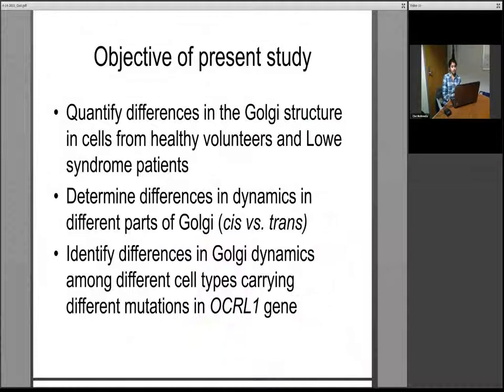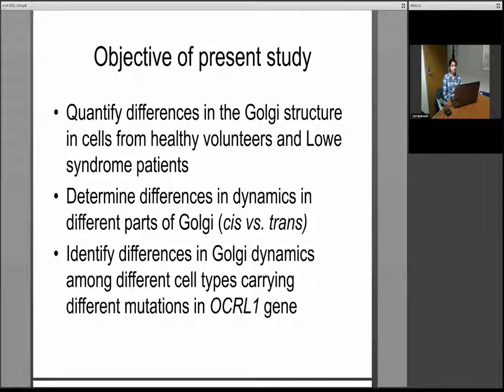So the objective of my study is to quantify the differences in Golgi structure in cells from healthy volunteers and compare them against cells from Lowe syndrome patients. As I mentioned, the Golgi is very important for trafficking various proteins and lipids to different parts of the cell. So it is a very dynamic organelle, and we would also like to see how the dynamics of this organelle changes in disease and in normal conditions.